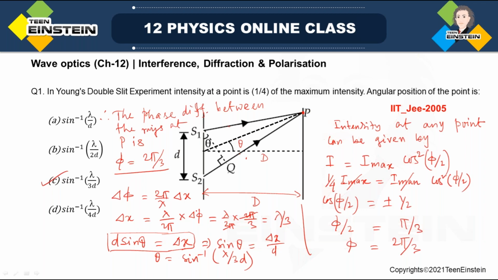From the figure, the path difference between these two interfering rays at P will be d sin theta only, and that is equal to delta x, which we have got as lambda by 3, and from there we can find out the angular position. So this is how you can solve this problem.